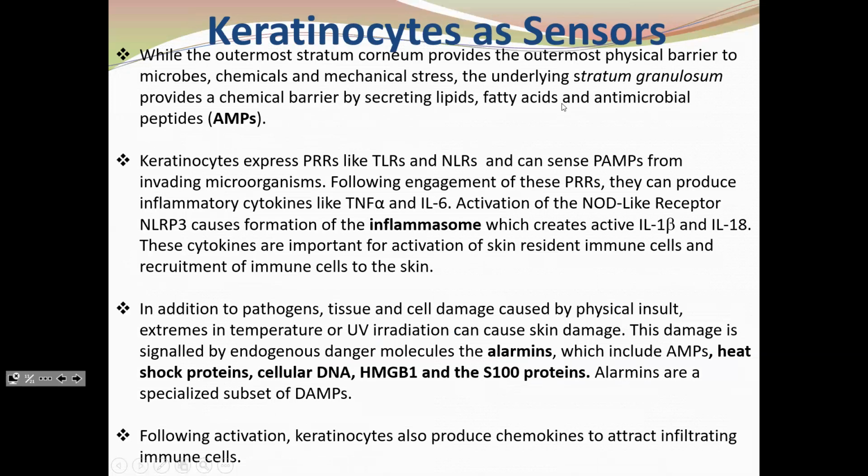And then a new concept that we now recognize is that keratinocytes or parenchymal cells themselves express PRRs. So it means that the parenchymal cells, acting just like the macrophages and dendritic cells, can also pick up PAMPs, alarmins, DAMPs, and then produce your common inflammatory cytokines, IL-1, TNF-alpha, IL-6.